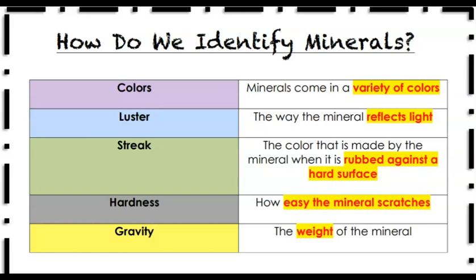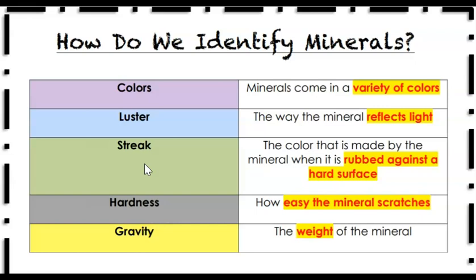Now, as you're classifying your gemstone, make sure that you pay attention to the color or colors, luster. The streak might be a little bit difficult just because you don't have it physically in your hand, but you can still do research on that. Hardness, once again, you don't have it in your hand, but as you've seen on that website, it shows you its hardness.